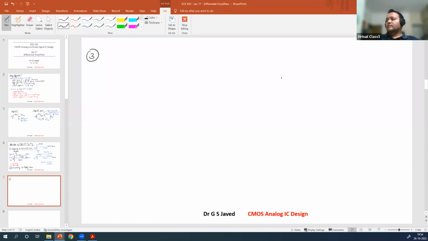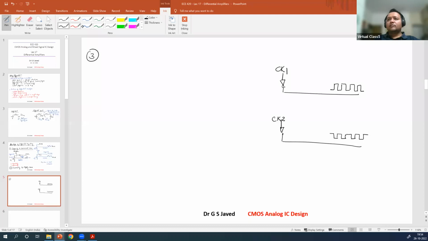So this is one clock signal, and second, you have another clock signal. Now, if you observe, the clocks are differential to each other, clock 2 and clock 1.